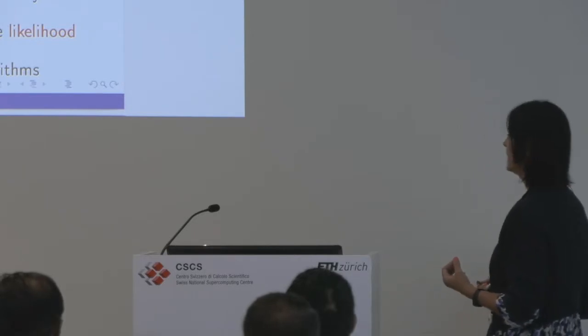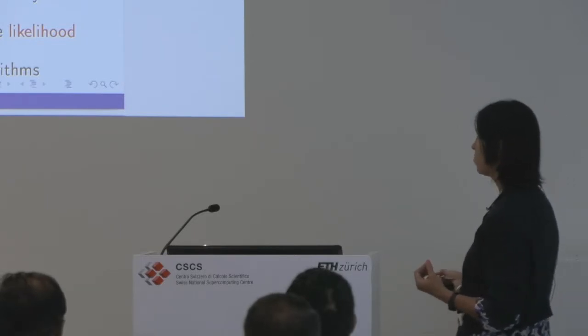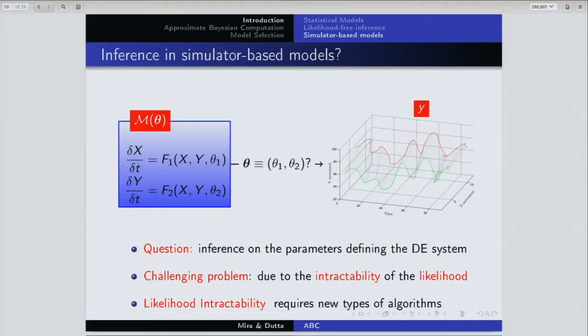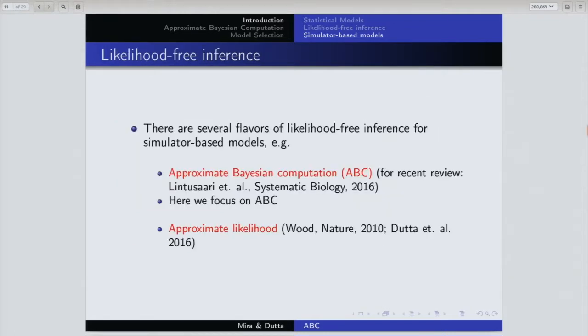So in this setting, if we want to make inference on θ1 and θ2, we will need some algorithm and some statistical tools that are likelihood free. In particular, I will talk about approximate Bayesian computation, and Rito will talk about approximate likelihood, which is another likelihood-free inference methodology.